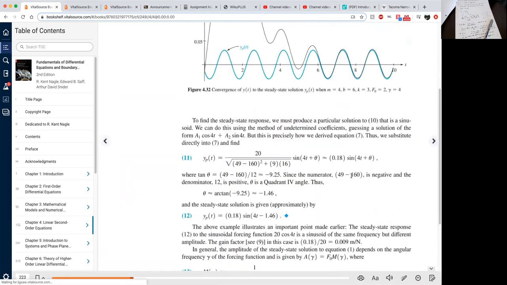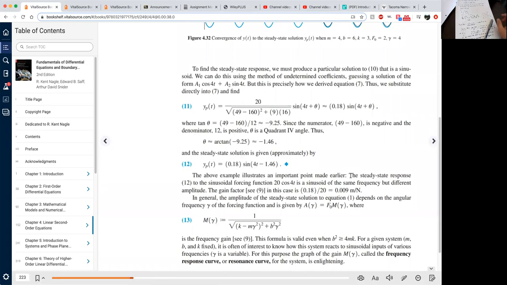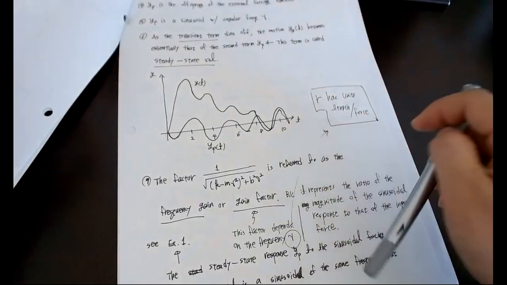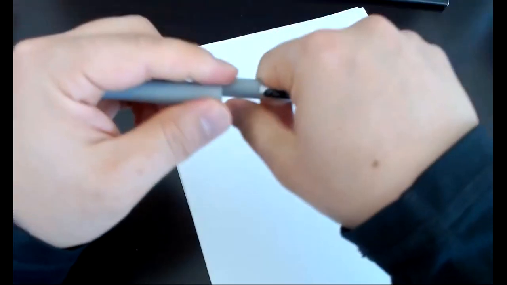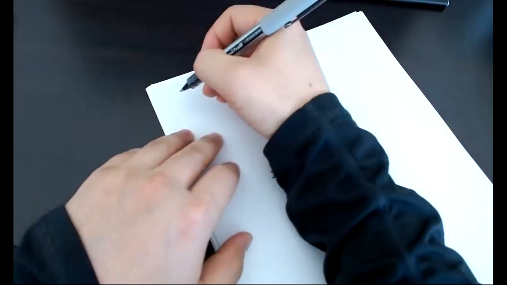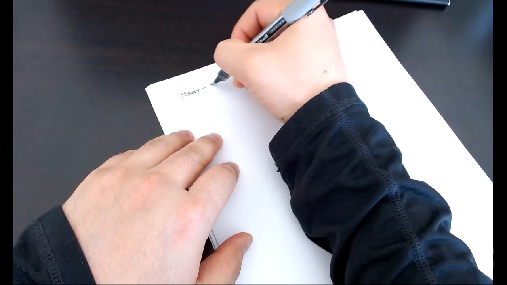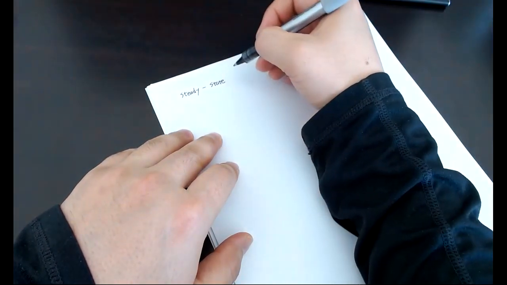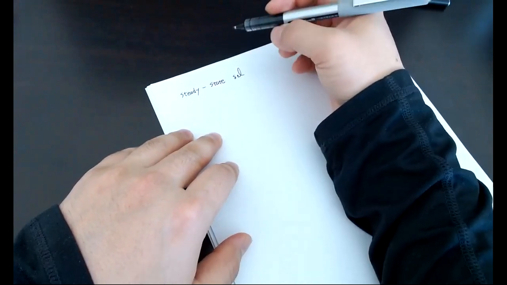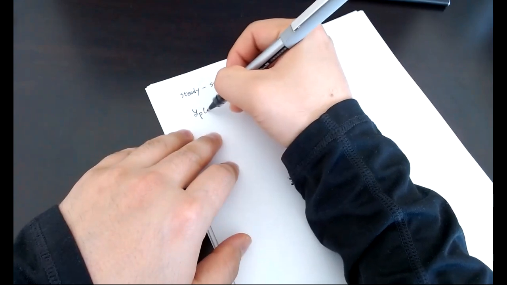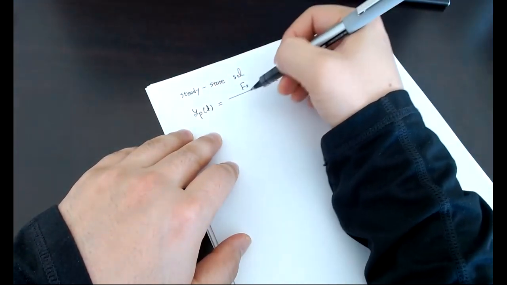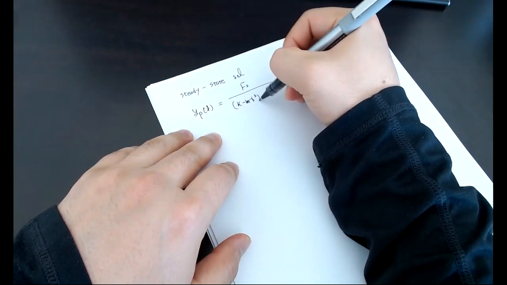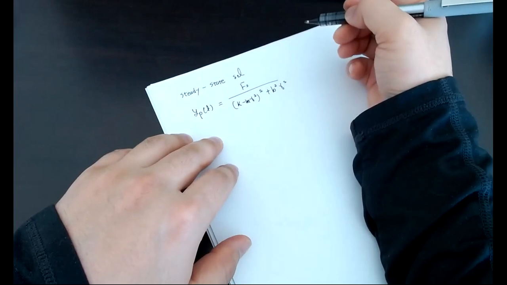So to find yp, the steady state solution, yp(t), the formula is f0 over the square root of (k minus m gamma squared) squared plus b squared gamma squared.